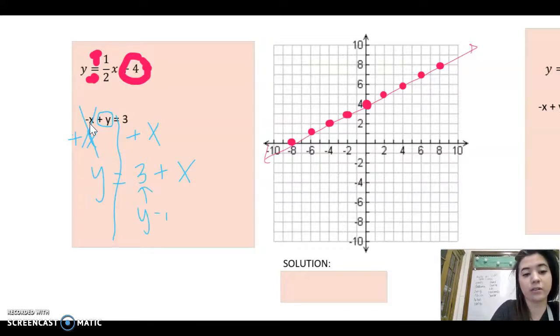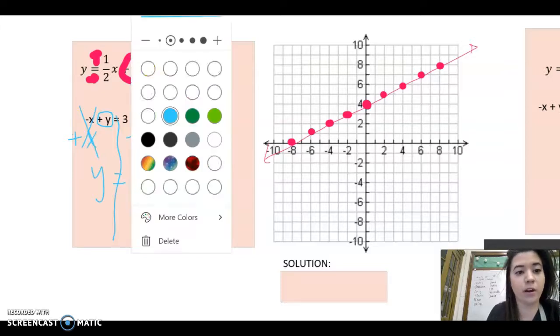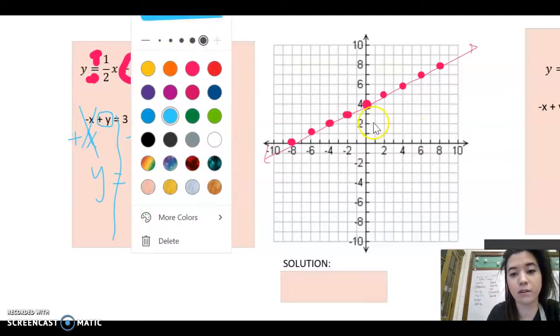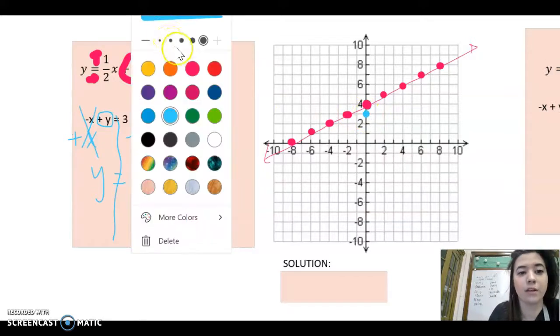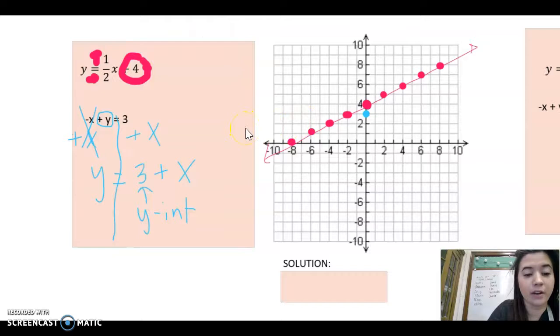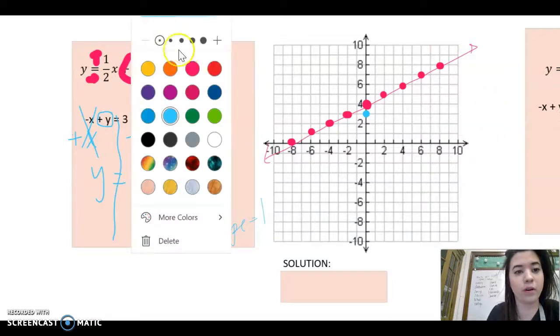3 is our y-intercept. So we're going to make a point here at 3. Okay. And then right in front of here, there's nothing there. So that means my slope equals 1. So I'm going to go up 1 over 1.